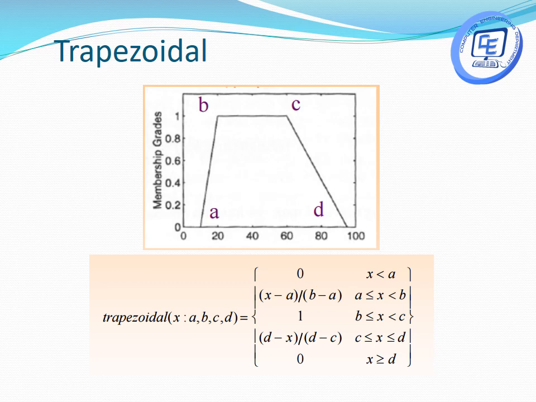And when x is between c and d, it is d minus x divided by d minus c, as we have seen in the last slide. But the additional thing here is, when x is between b and c, which is parallel to the x-axis, the value will be 1, because the membership degree is 1. So this is the additional thing in the trapezoidal membership.